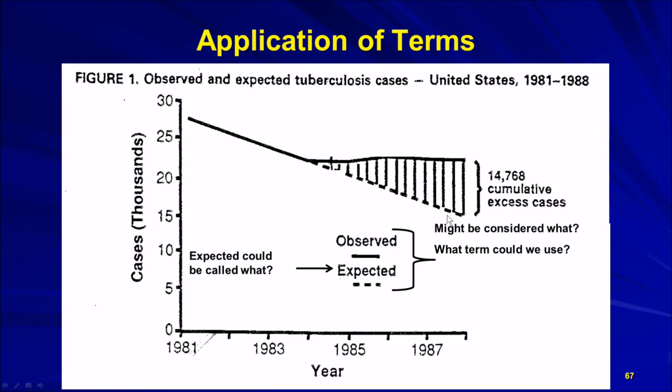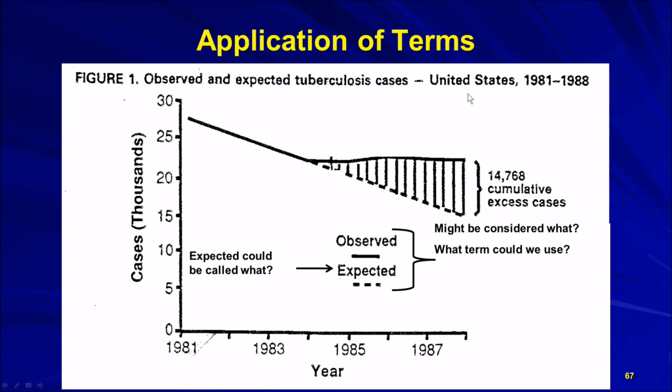Now, the next thing we need to do is decide what this is. Is it an outbreak? Is it an epidemic? Is it a pandemic? And you know right away that when we talk about a country, a continent, or the world, we're talking about a pandemic, right?